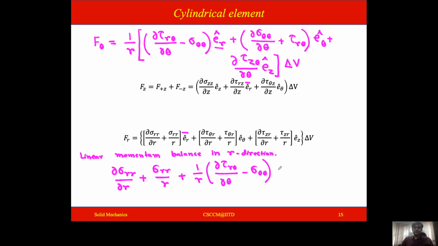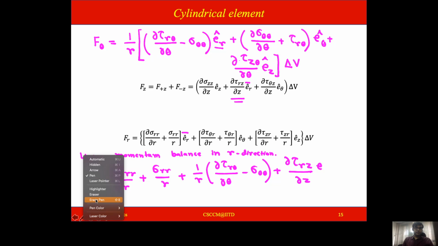And then from the Fz, you have this one, no, not this one, this one. So del tau Rz del Z, and we are not writing E because it's momentum balance. So this is the total force that I'm getting from the three things.